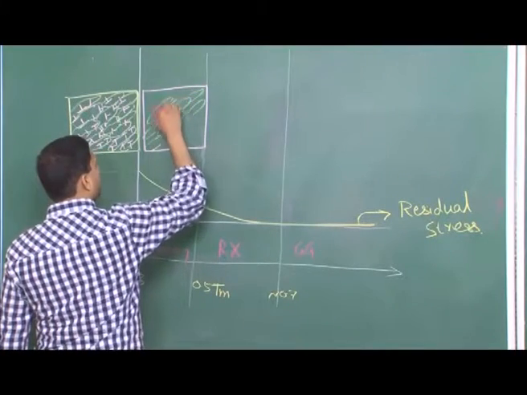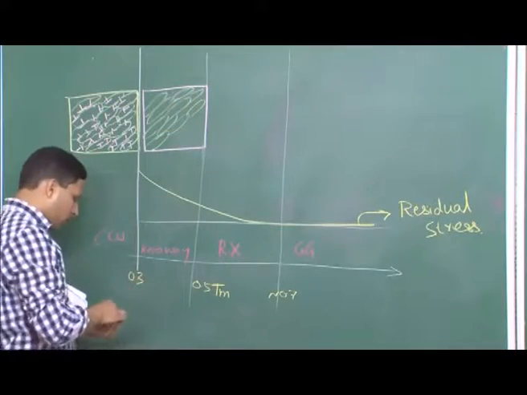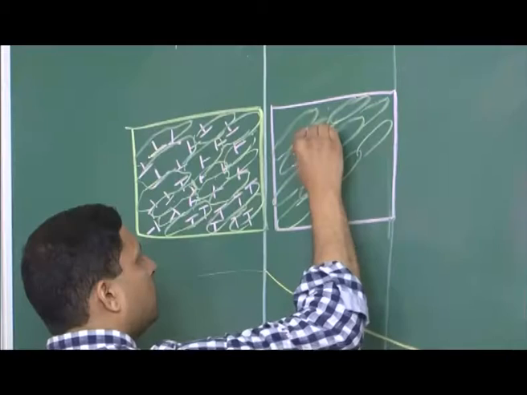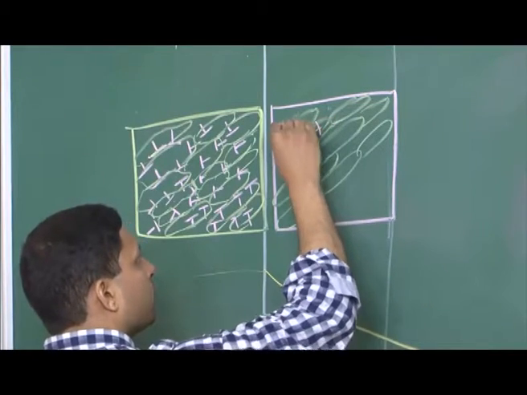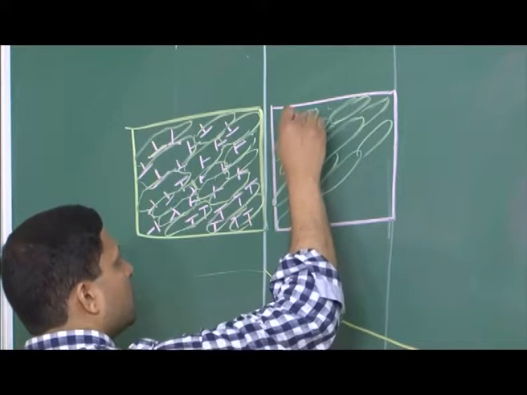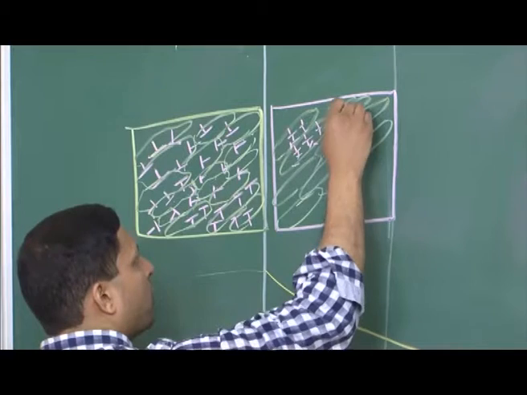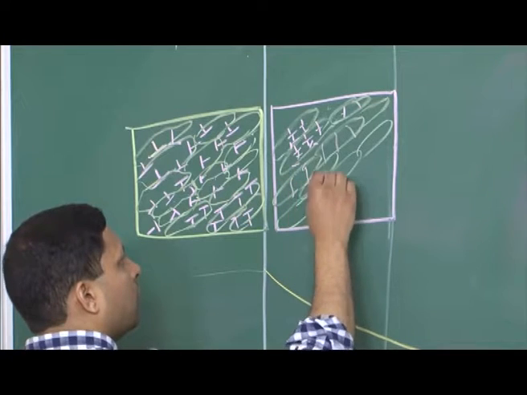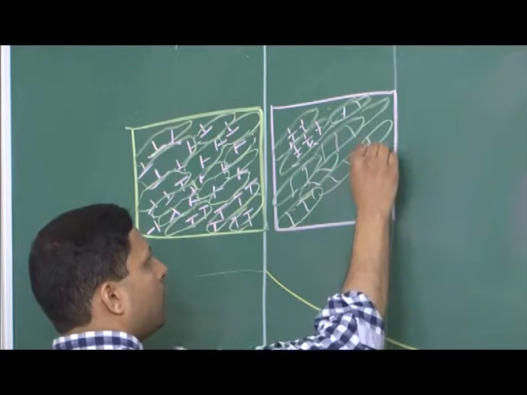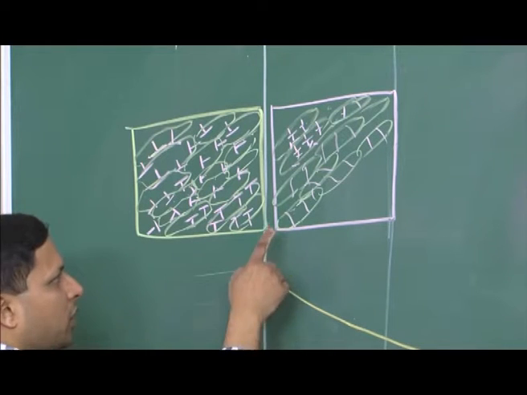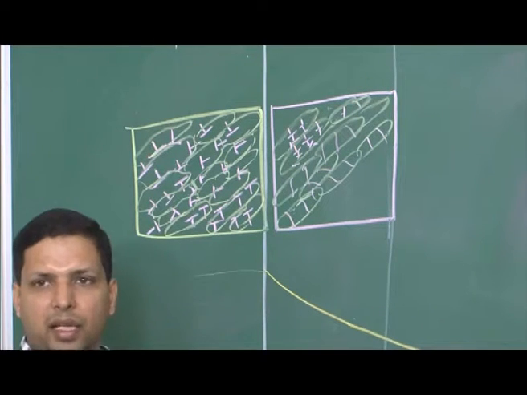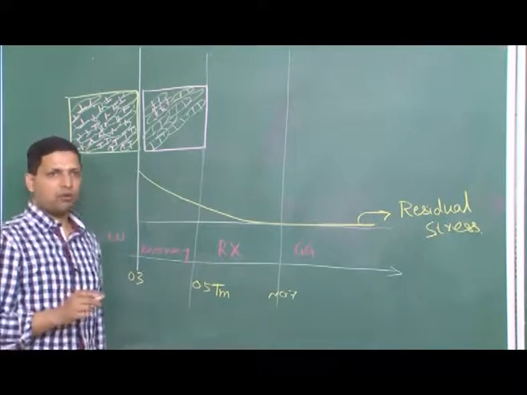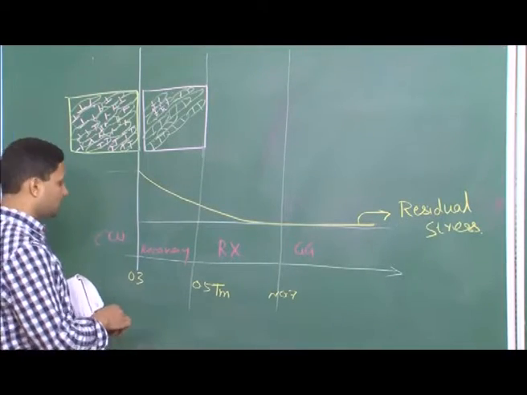So, the grain sizes will remain the same like this, but the dislocations that we saw get a little bit rearranged, and what you will see is that they will form subcells, subgrains or cells, and these dislocations will be at the boundaries. So, I will just draw these cell walls as lines. And because of this rearrangement, you see a slight improvement in ductility in the recovery zone, although I have not drawn it over there, but you do see some amount of improvement in ductility.